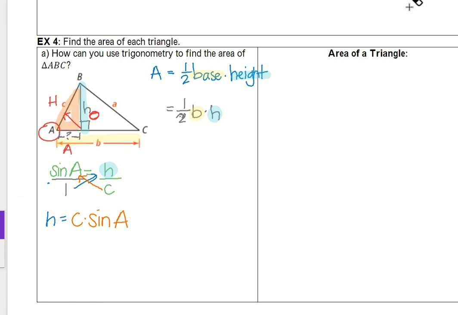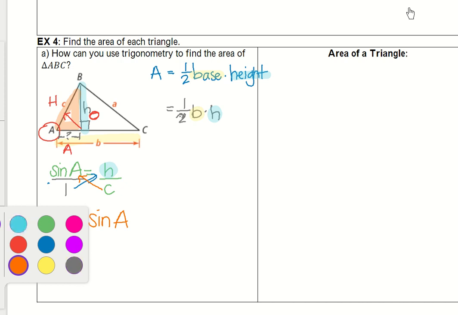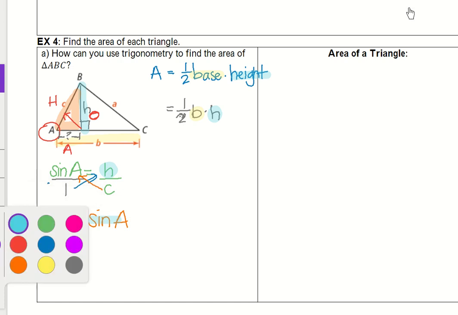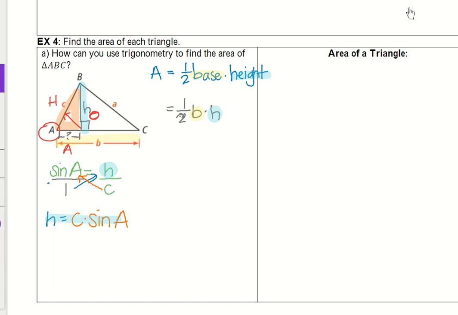And in the triangle, I should know what A is. I should know what C is. Those are parts of the actual triangle. And so I can use that in place of H. So if H is C times sine of A, then that means that I can think about this formula as being 1/2.